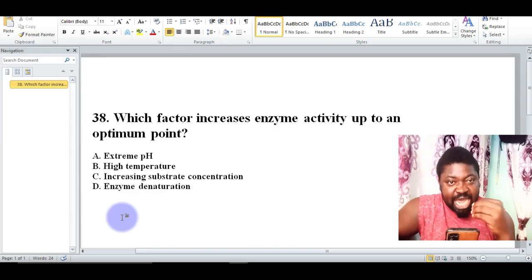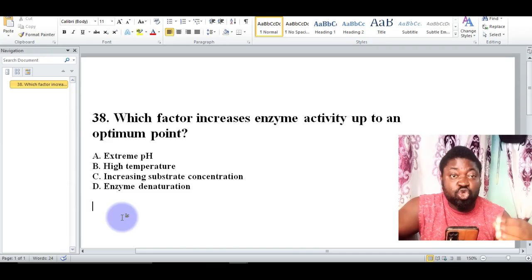This is because the more the substrate increases, enzyme-substrate collisions will also increase. When the substrate concentration is increased, enzyme activity will also increase rapidly until the saturation point is reached. That is why an increase in substrate concentration results in an increase in enzyme activity.